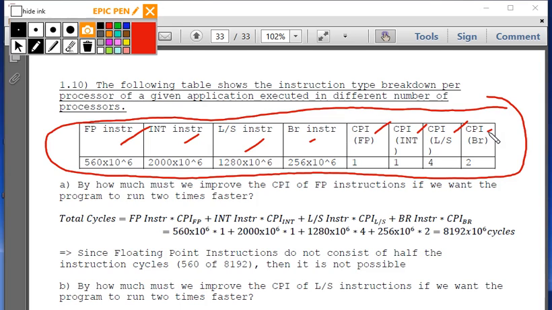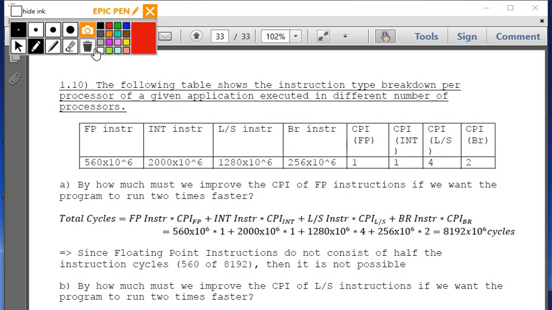And it has to improve by, how much can you improve the CPI if you want the program to run twice as fast, but you can only improve floating point instructions for some weird reason because it costs less. Or they cost more, and I really want the computer to be cheaper. These floating point instructions are super expensive, so get rid of them as much as you can, right? So now you have a crazy boss. Now you have to see, can I actually do this?